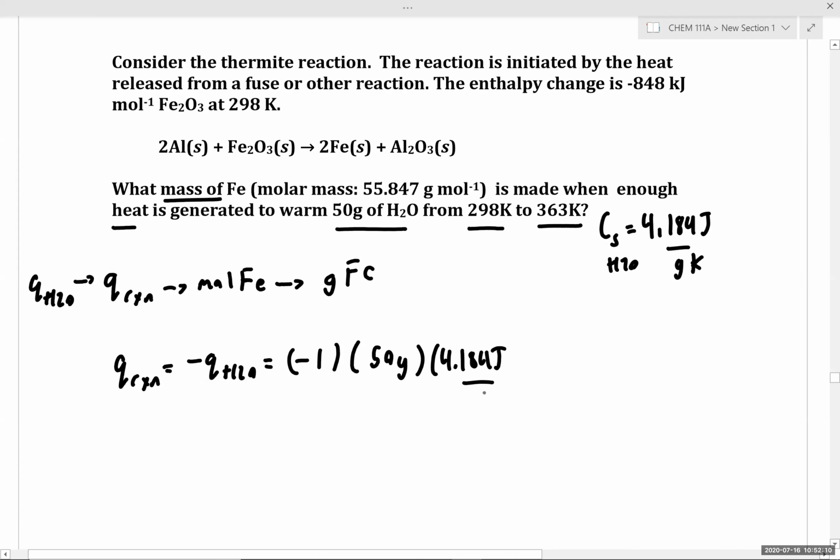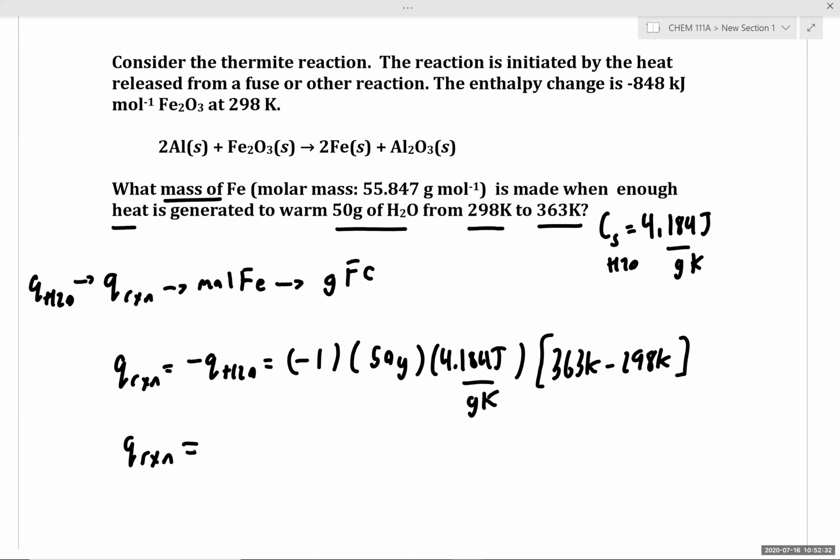I'm going to write it in joule per gram Kelvin, times T final, which is 363 kelvins, minus T initial, which is 298 kelvins. So that gives us a heat of reaction equal to, let's punch this into our calculator.